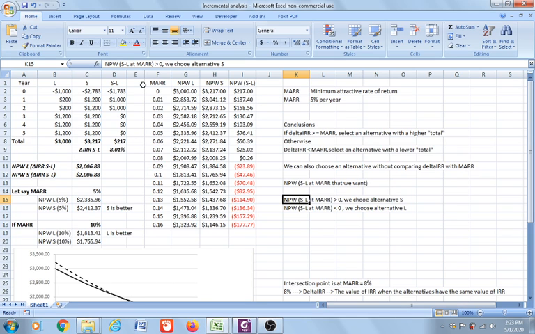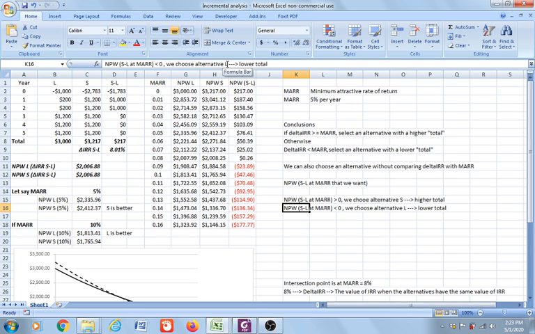When we have NPW at MARR less than 0, or negative, then we need to choose the alternative with the lower total. So this is higher total, so this is lower total. Okay.